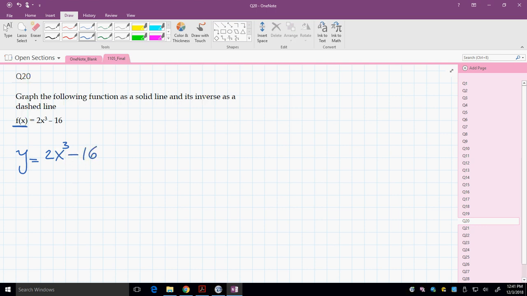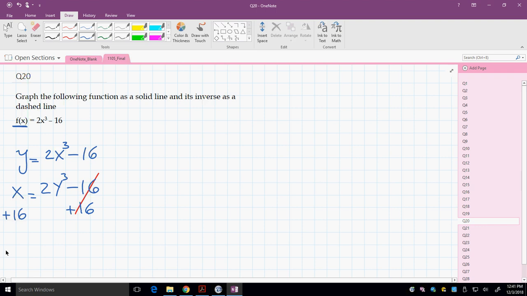Second step is to switch x with y. So we have x equals 2y cubed minus 16. And now we're going to solve for y. We're going to add 16 on both sides of the equal sign. This cancels.